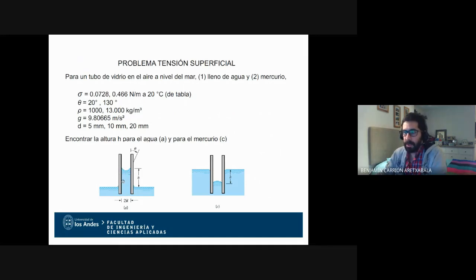Here, the adhesion to the walls is important, and so water is creeping in. And you can compute this height by balancing the weight of what's inside the tube by the force that the surface tension is doing at the top. I don't know if you want to do this, but it's really similar to what we just did.